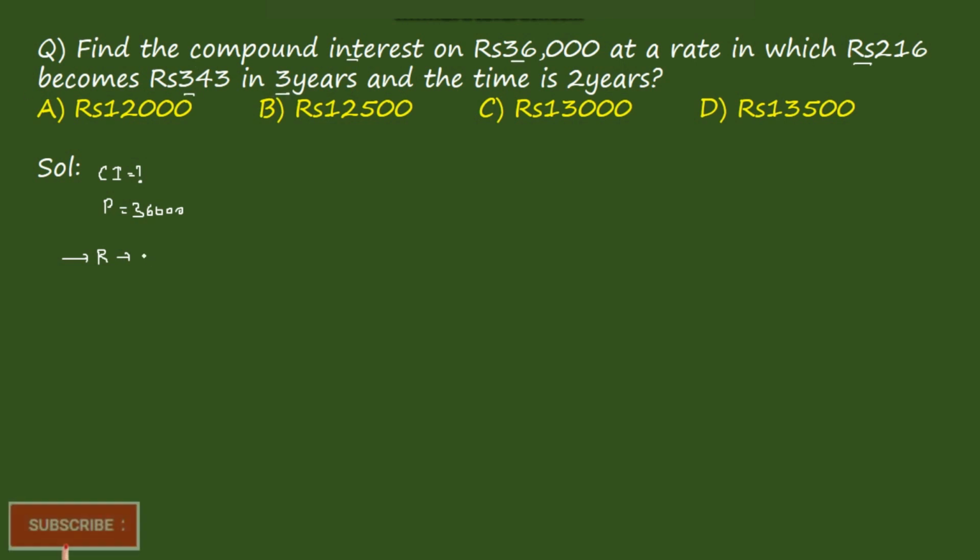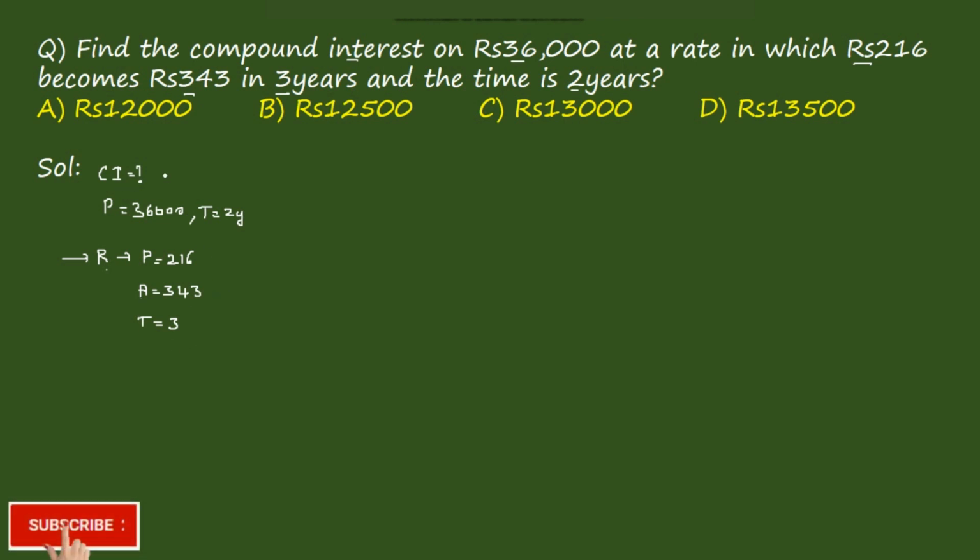There is a principal of 216, and it became an amount of 343 in 3 years. That is the rate, and the time is 2 years. And the compound interest we have to find for time 2 years, but we have to get the rate first from the principal amount and time given in these particular values, right?